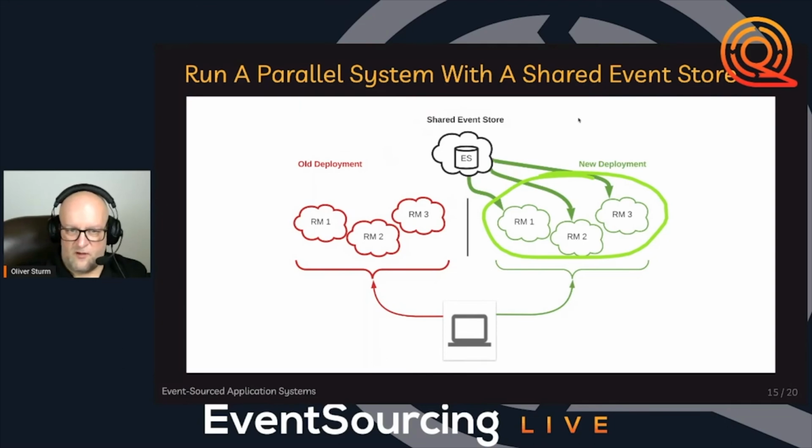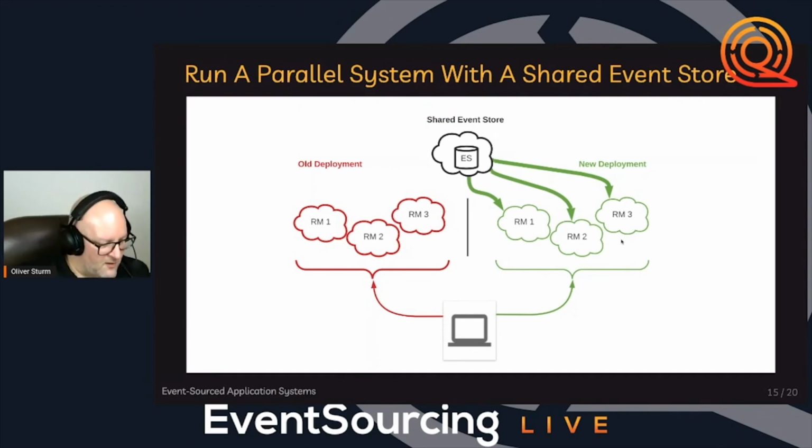We use that same event store to populate the new read models. Of course, this implies that there are no significant changes at this point to the event store itself. So if your update that has become necessary for some reason actually requires you to make changes to the event store, then this is not an option.